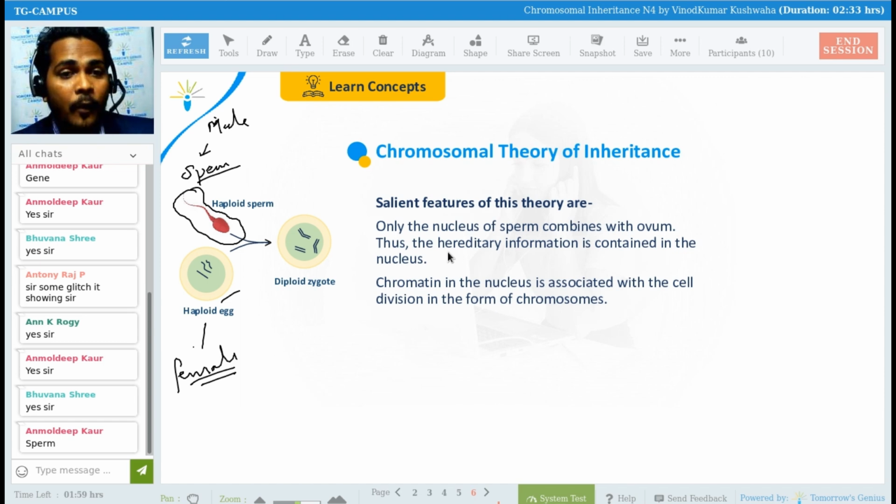A sperm provides only the nuclear part of the zygote. As such, the hereditary character must be carried by the nuclear material.